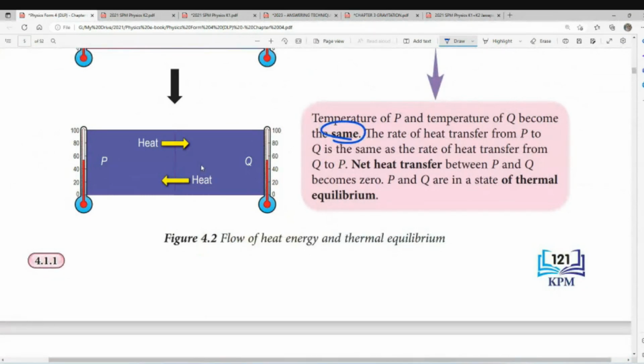When thermal equilibrium is achieved, there will be no net heat transfer. Net heat transfer is zero. And the rate of heat transfer is the same. The rate of heat transfer from P to Q compared to Q to P is the same. When they are the same rate, there will be no more net heat transfer. So the temperature is the same. That is the understanding about thermal equilibrium.